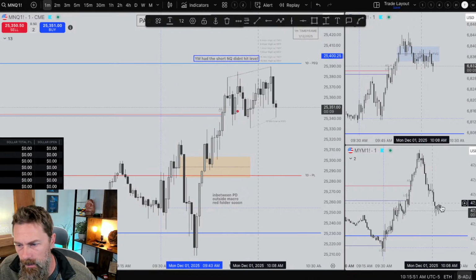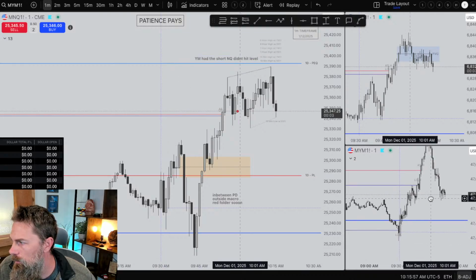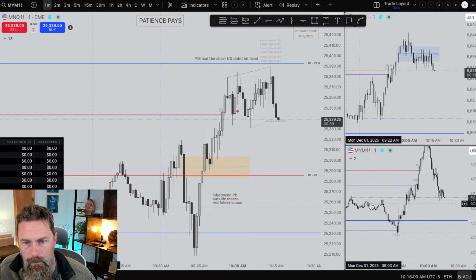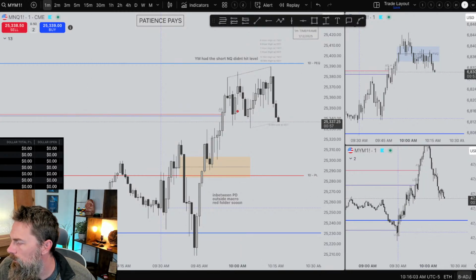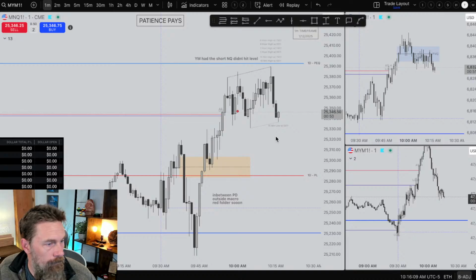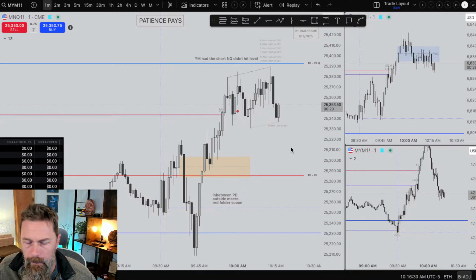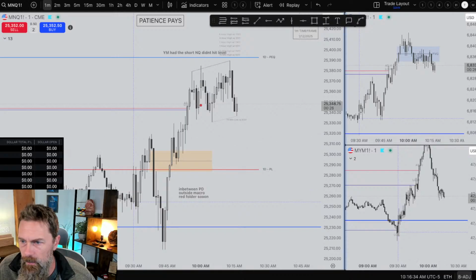We have SMTs all here at the highs. So there's a possibility for a continuation play coming up here soon.